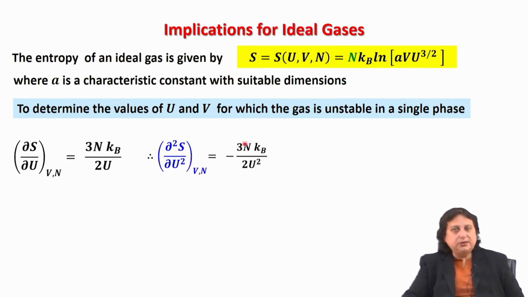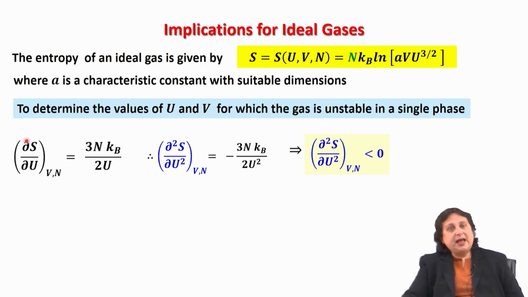Now, if you look at all these quantities, you immediately conclude that del square S del U square would be less than 0 for all possible values of U, V and N. So, one condition of stability in a single phase is satisfied.